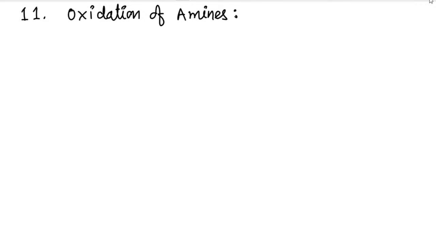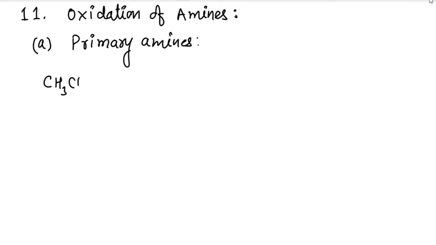Okay, others will join in the meantime. So let us start. Oxidation of amines. Amines form a variety of oxidation products depending on the nature of the oxidizing agent and the amine. First, oxidation of primary amines. For primary amines, the main oxidizing agent is KMnO4.